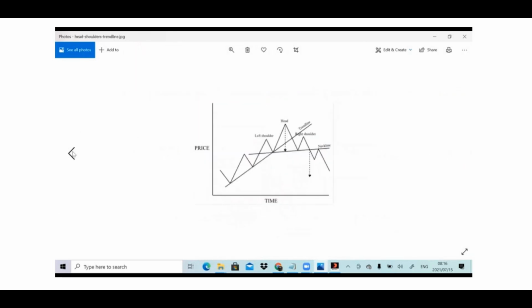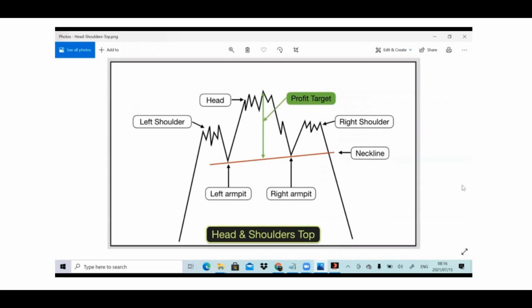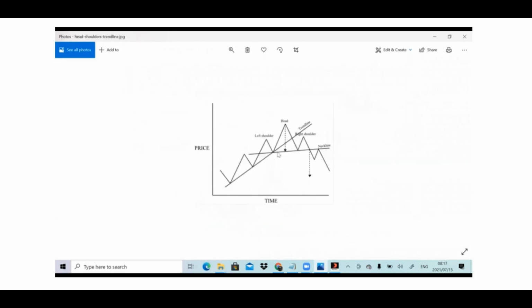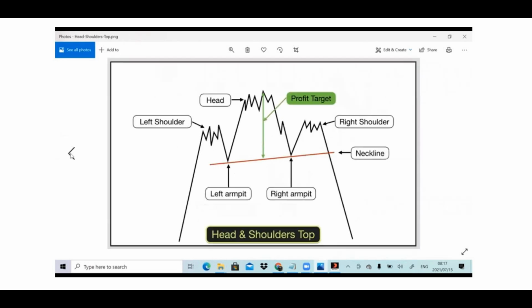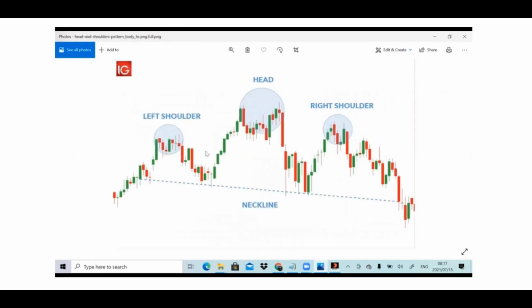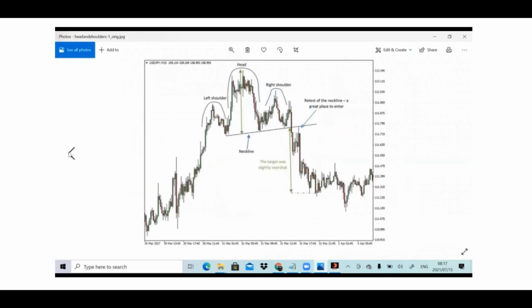Trying to see. Okay, here's a head and shoulder. Shoulder, head, shoulder. Here's another one. Shoulder, head, and shoulder. Here's another one here. Shoulder, head. We did another right there.